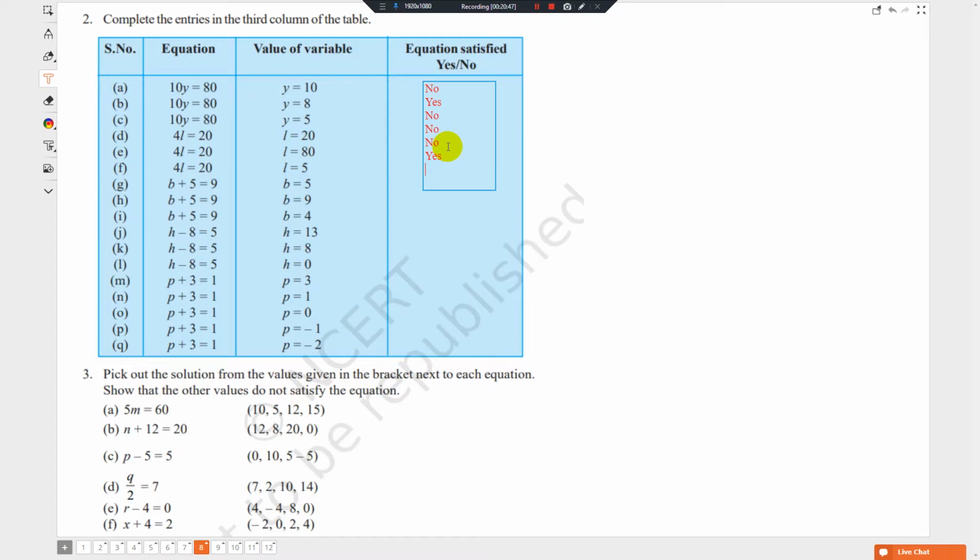Now b plus 5 is equal to 9 and b is equal to 5. 5 plus 5 is 10, that comes no. b is equal to 9. 9 plus 5 is 14, no. Now here b plus 5 is equal to 9 and b is equal to 4.